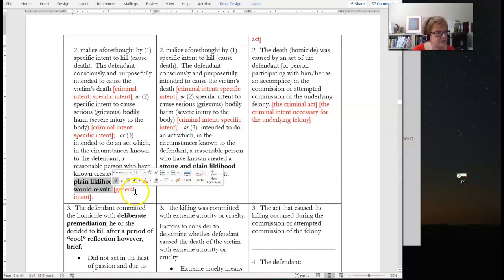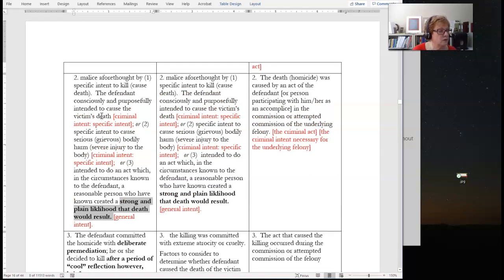And that is a type of general intent which does suffice as the third prong or the third way of establishing malice aforethought, which, as I said, is the second element in first-degree murder. It is also the second element in second-degree murder.